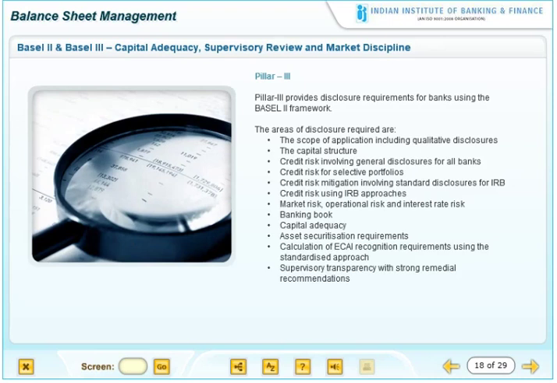Pillar 3 provides disclosure requirements for banks using the Basel II framework.